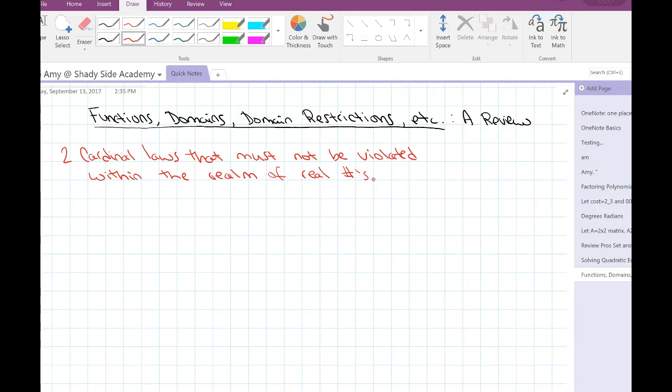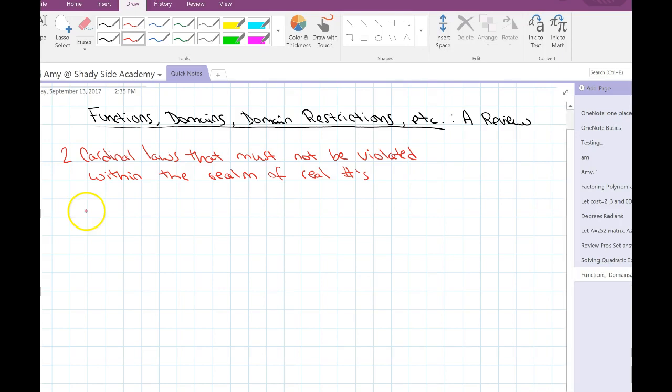Okay, so we can never divide by zero. And we can never take the square root of a negative number within the realm of real numbers because division by zero is undefined and the square root of a negative number is undefined as well.